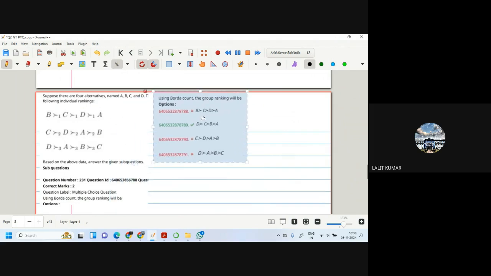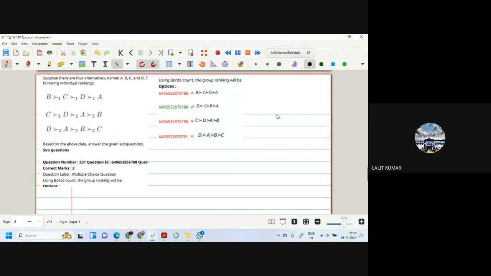So see what we have to do in this. We have to see B over C how many times? B over C is two times.